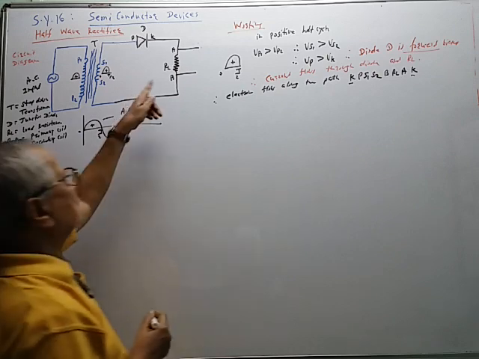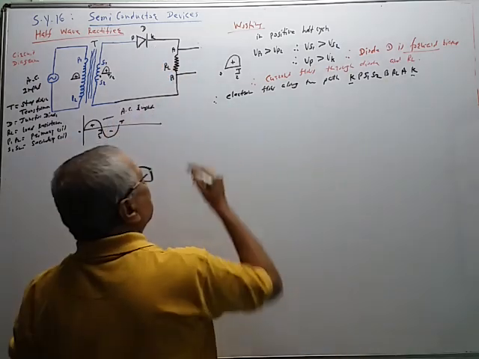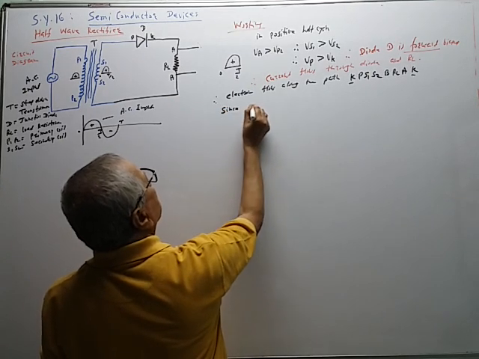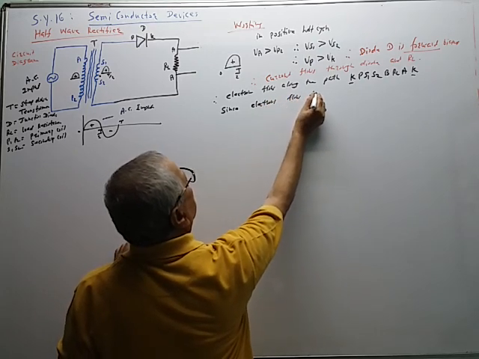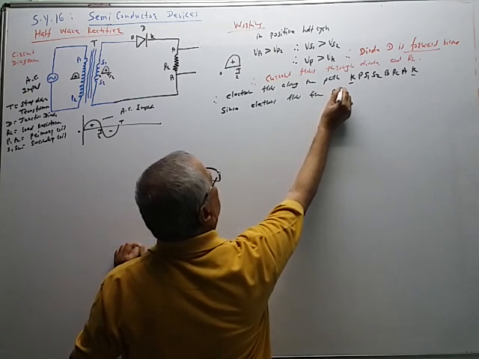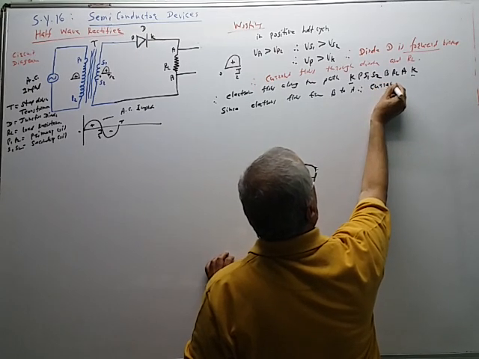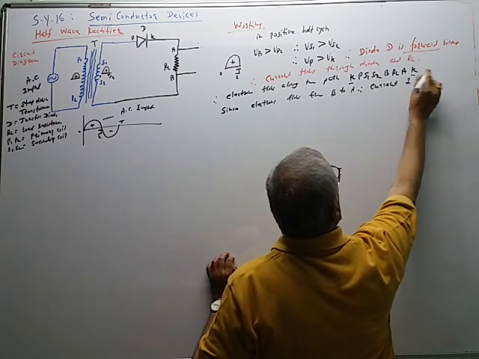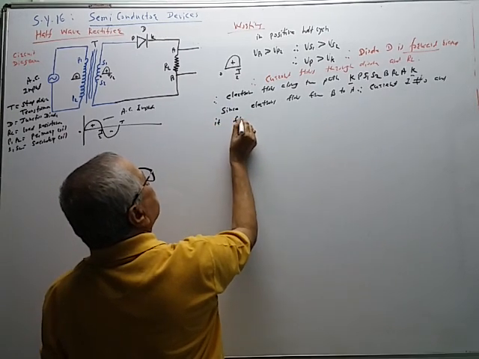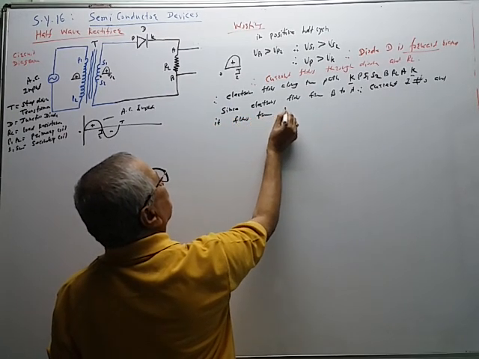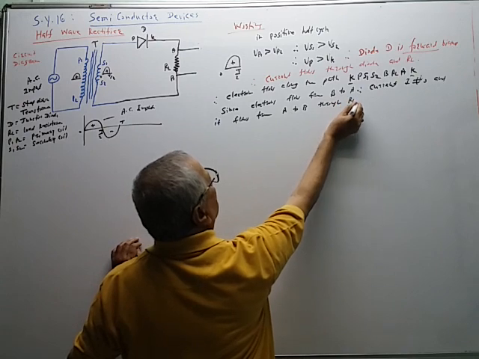So electrons flow from B to A. Electrons flow from B to A, therefore current flows from A to B. Since electrons flow from B to A, therefore current I is not equal to 0, and it flows from A to B through RL.